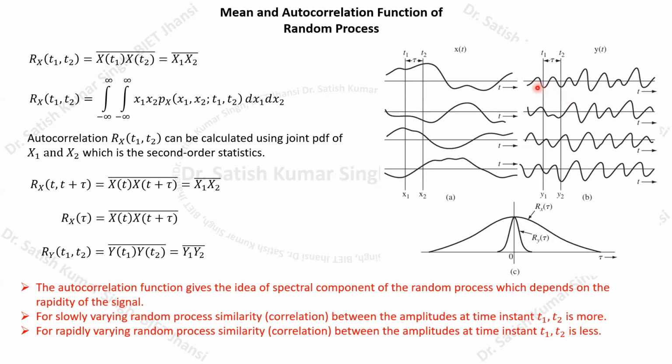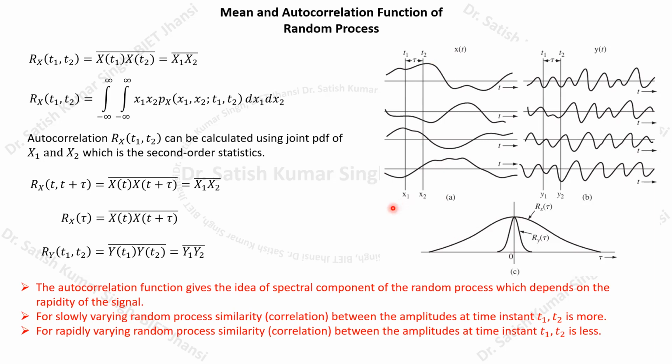So the correlation between one sample and the next is very much less. Whenever this correlation is weak, the autocorrelation function graph becomes narrower. Otherwise, it will be very widespread. This widespread graph denotes that the signal has less rapidity.